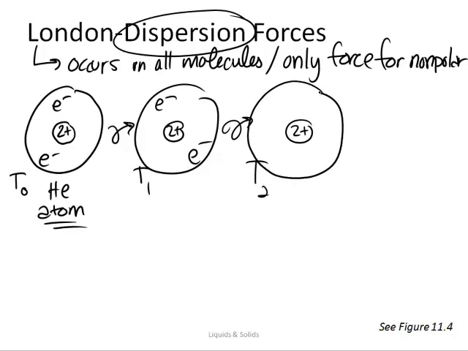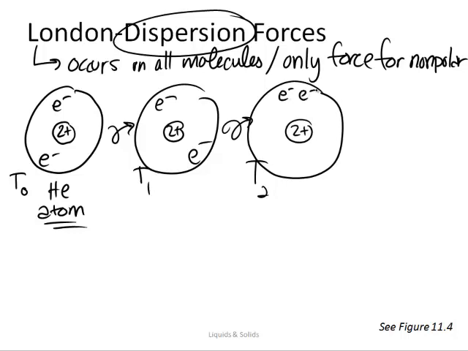And it just so happens that at one point in time, just because of sheer probability, the two electrons could be localized in one area, say at the top of this molecule.